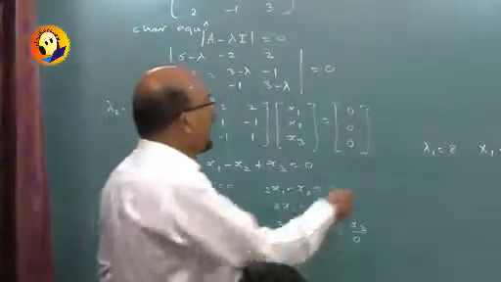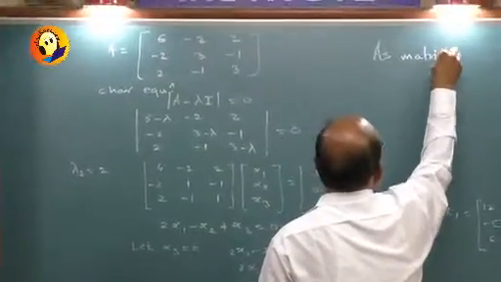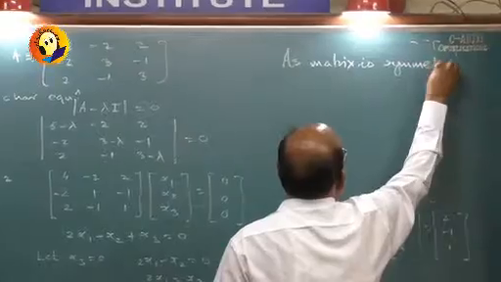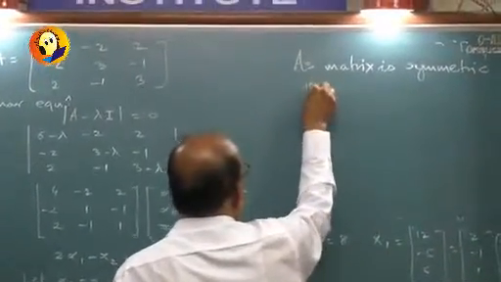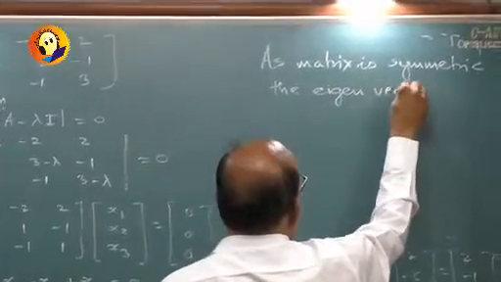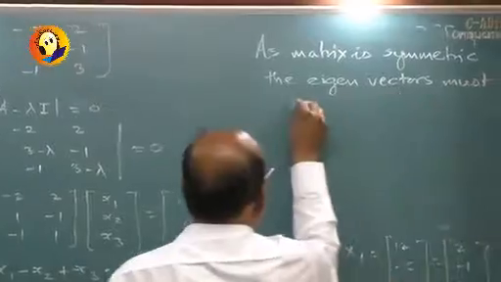Here we say that as the matrix is symmetric, the eigenvectors must be orthogonal.